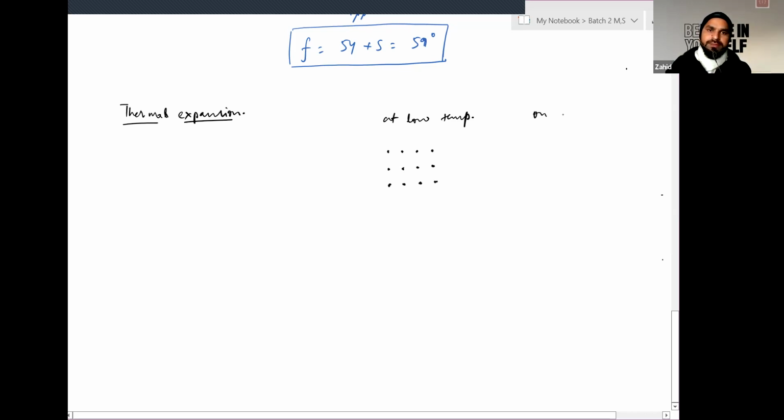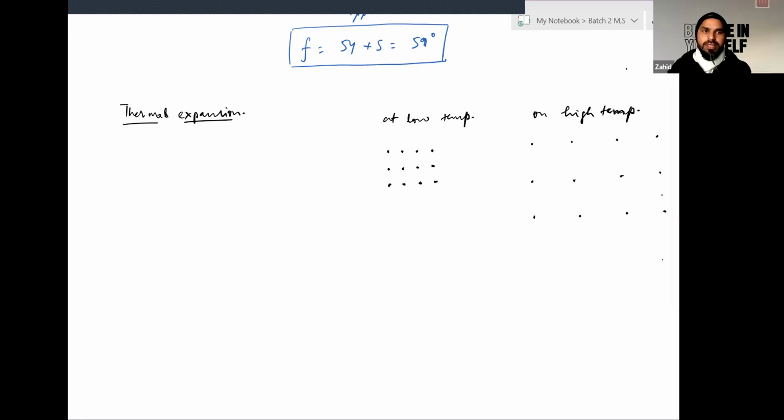On increasing temperature, the particles gain some thermal kinetic energy, or you'll say on increasing temperature, the bonds get weakened. So the separation between particles increases, and this arrangement may acquire a shape like this. So you'll say on heating, a solid expands. Is it clear? Sir, these are the particles. Yeah.